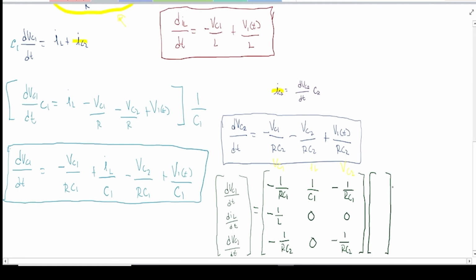Okay, the next thing that we're going to do is take the state variables and put them here, starting from VC1, IL, VC2.